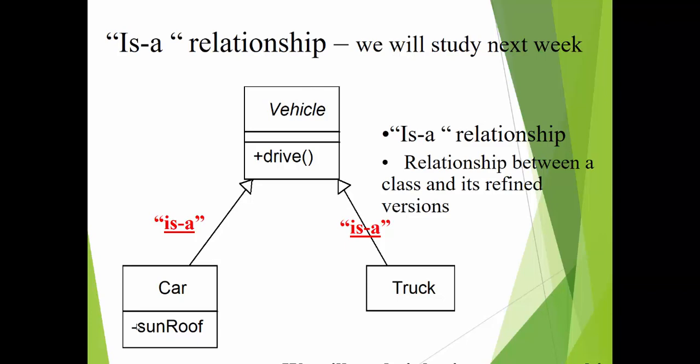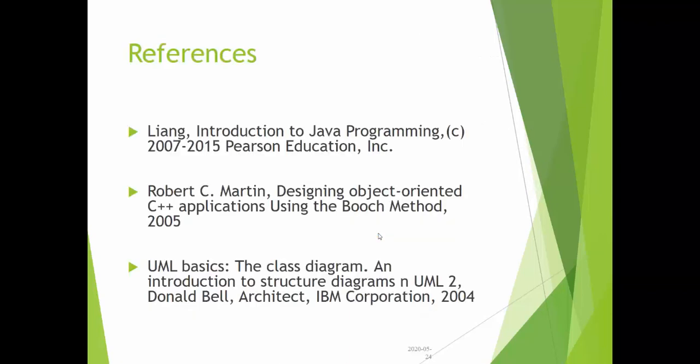And we would say the car is a vehicle with the additional property sunroof, and truck is a vehicle, in this case using the same abbreviation. So this is an is-a relationship, and the relationship between a class and its refined version has a name, inheritance. We'll study inheritance next week.